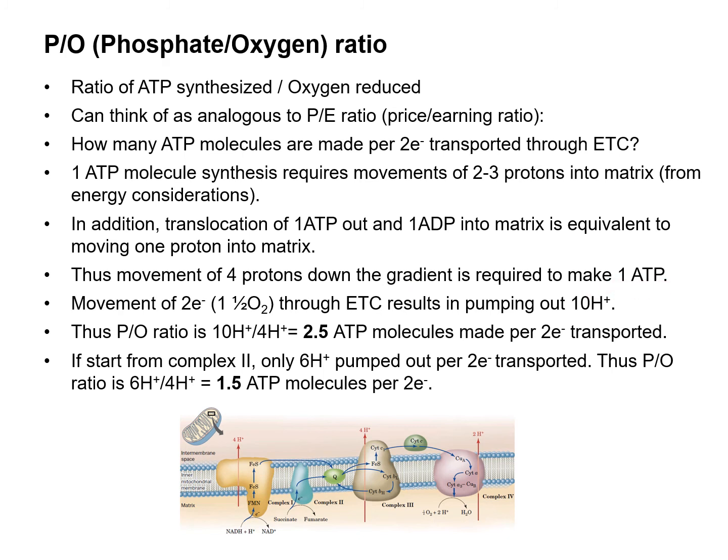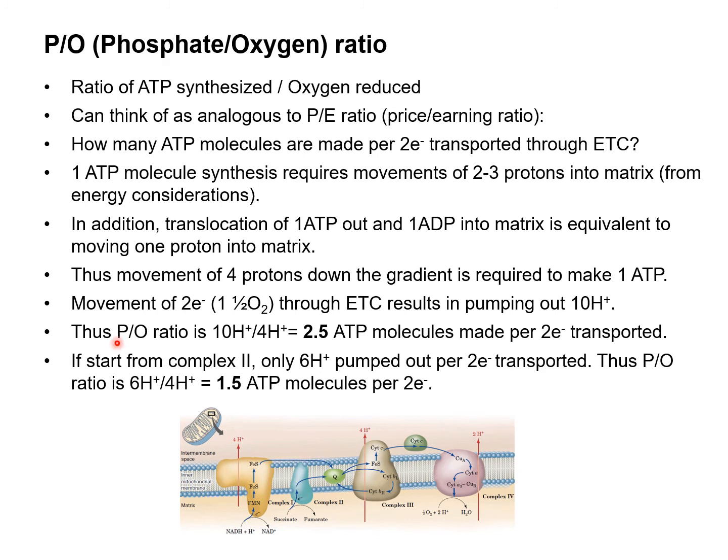Now, movement of 2 electrons, which is equivalent to the final product, half of an oxygen gas molecule, through the electron transport chain results in pumping out a total of 10 protons. So 4 hydrogen cations from complex 1, 4 from complex 3, and 2 from complex 4. In total, it's going to be 10 H+, right?